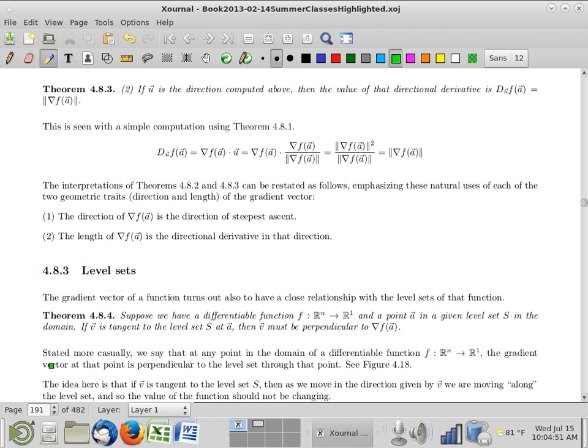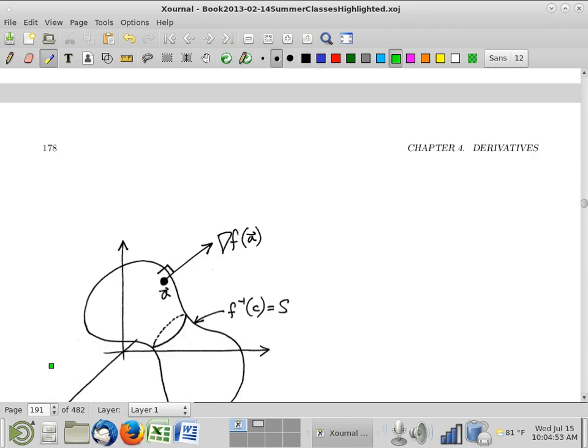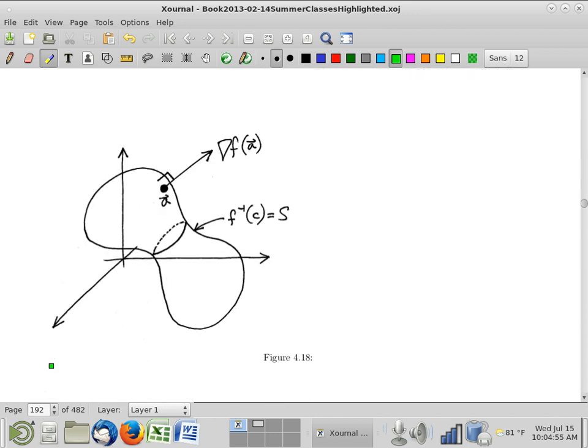Wild fact, it turns out that in the domain, so let me draw a picture here. We've got a function, some function f. Again, it's real valued, so one output variable there. Looking at a particular point, well, that point is going to be on a certain level set.